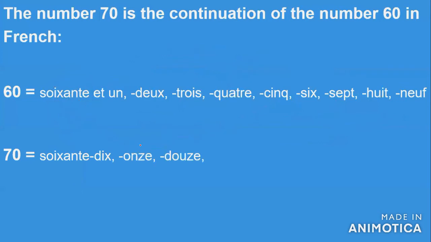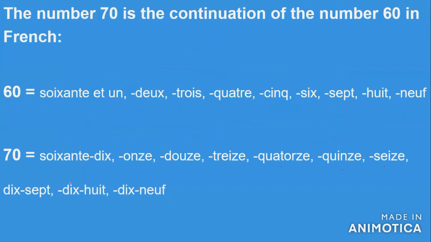After 9, you get 70, 71, 72, 73, 74, 75, 76, 77, 78, 79. So now if you start counting, this is 1, 2, 3, 4, 5, 6, 7, 8, 9, right?